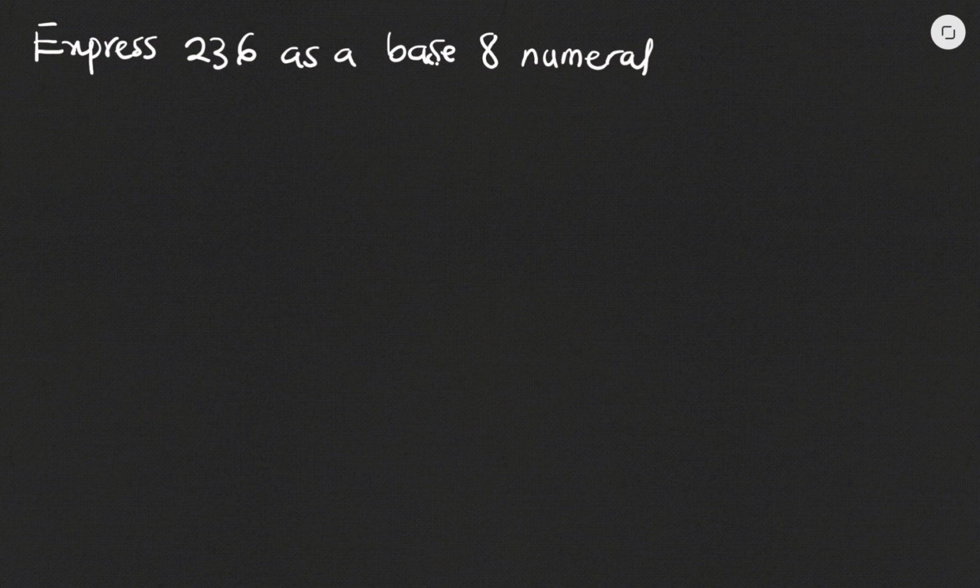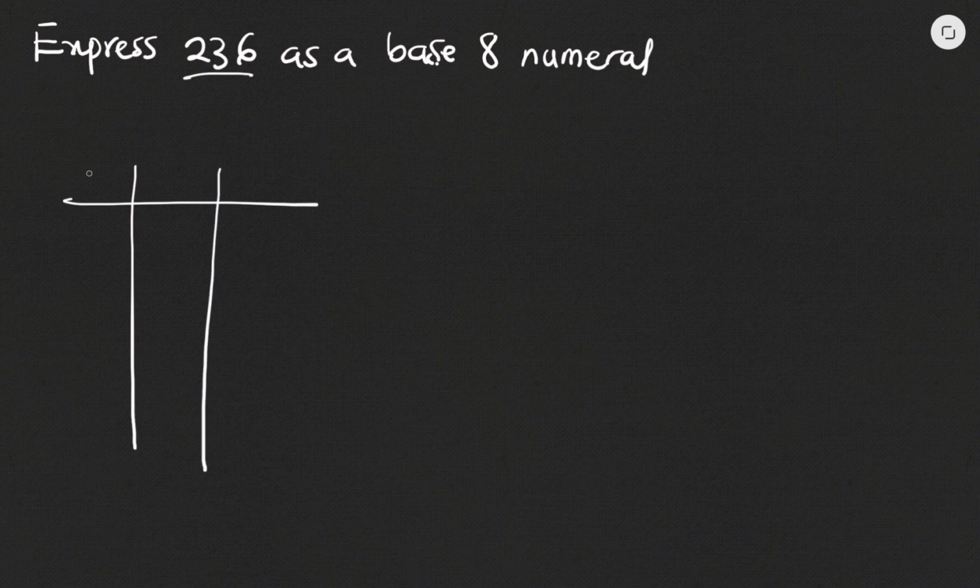Now, note that 236 has been given to us without a base, which means it is in base 10. So we do our normal thing. So we write base 8 over here, then our 236 here, then we write down our remainder over here.